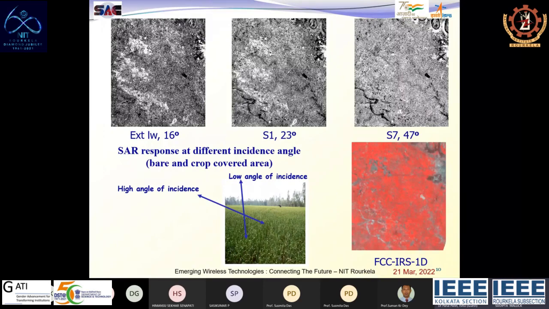You can see that this almost resembles your optical image of this entire area, because it's sensing the crop. So if you just change the incidence angle, you can get the information about the canopy as well as the underneath soil. So if you illuminate the same target at two incidence angles, you'll be able to get both of these.